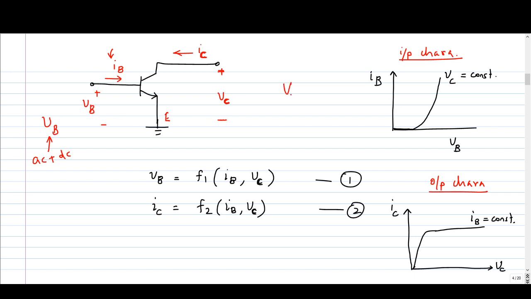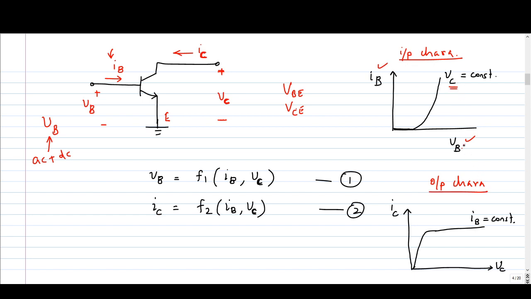Previously, we used the symbols VBE and VCE. Now we are not writing this E here, only VB and VC are written. This is for convenience. You can write VB, VC also. If you look at the input characteristics of the transistor, it is a relation between IB and VB for constant output voltage VC.